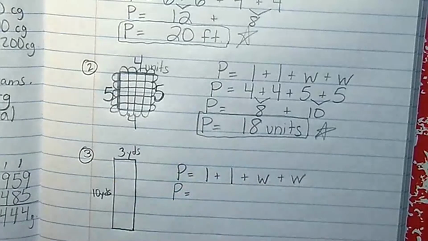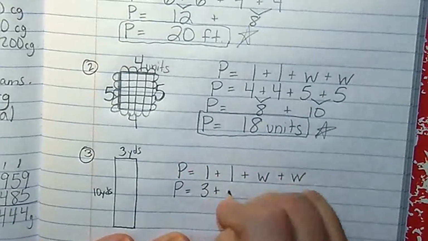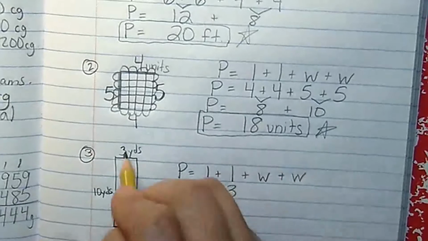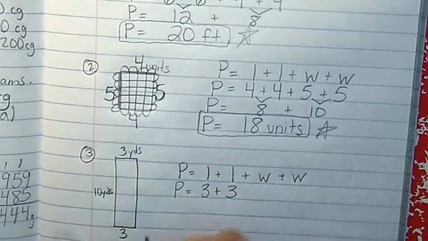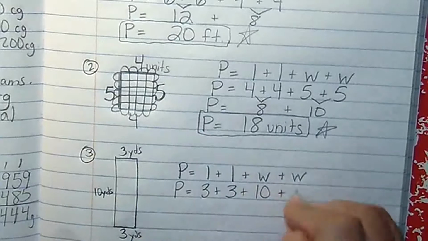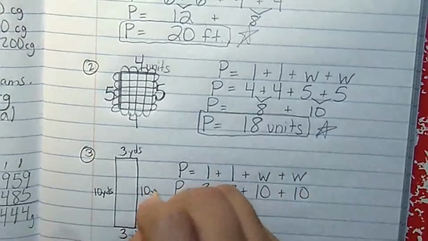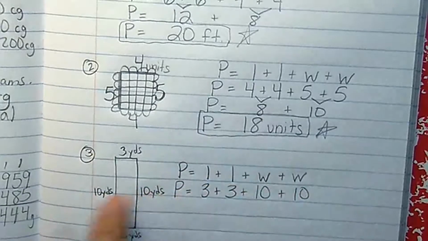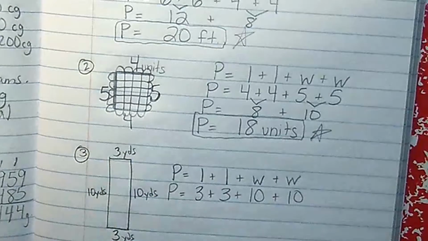Are we going to use the 3 for the length? Sure, we could use the 3. Well, I'm going to write 3 plus 3, because that was the top and the bottom. And then I'm going to add 10 plus 10, because that was both sides. Remember, opposite sides are equal to each other.